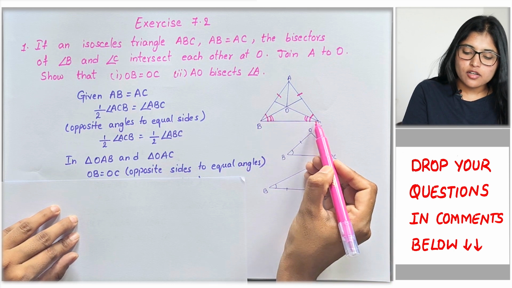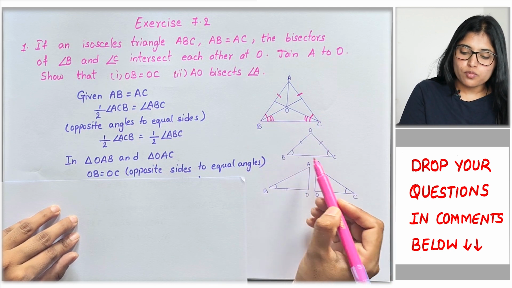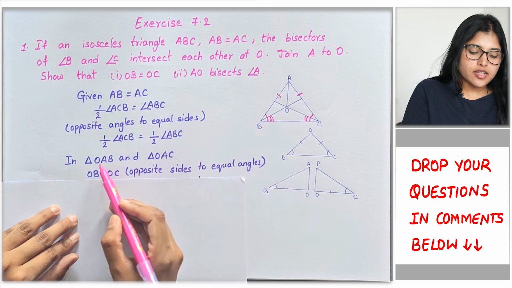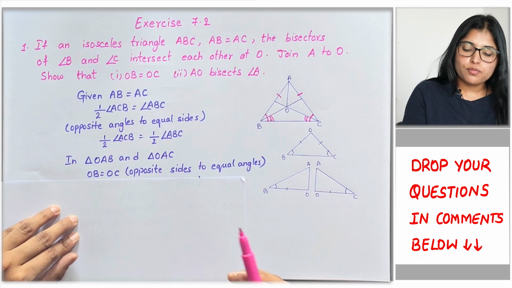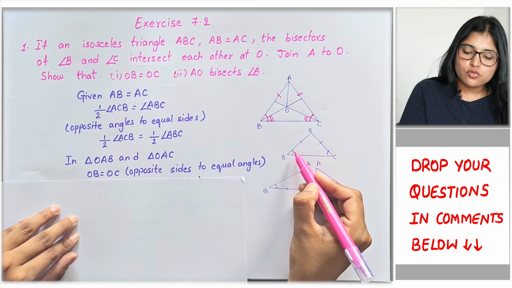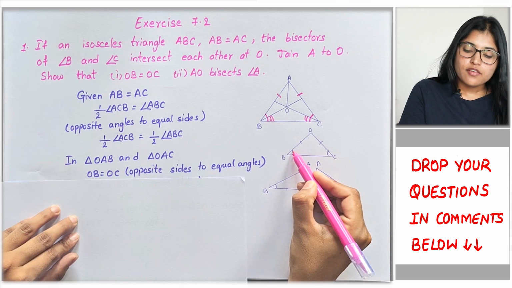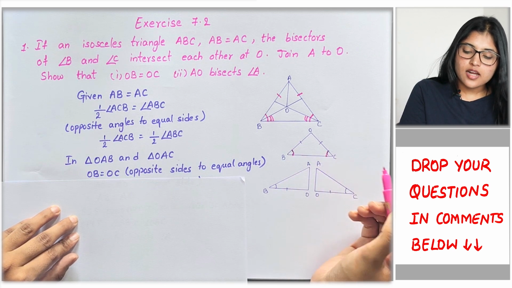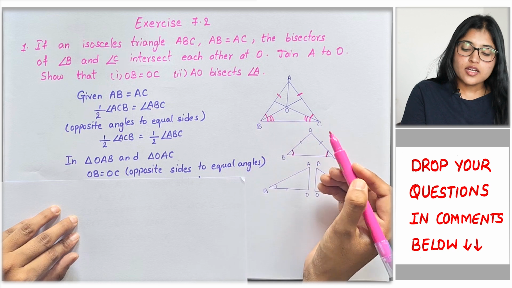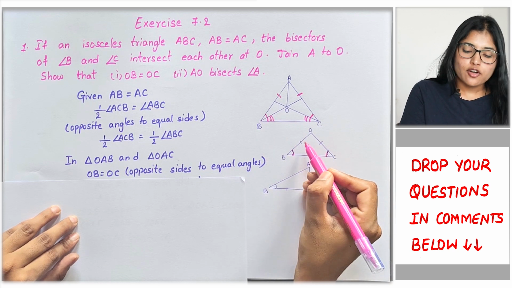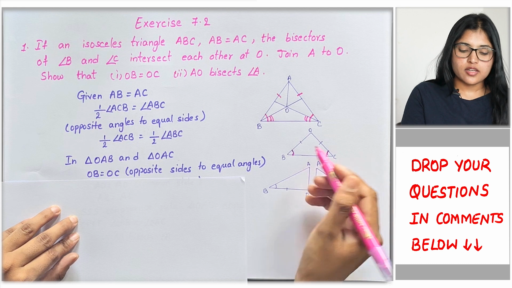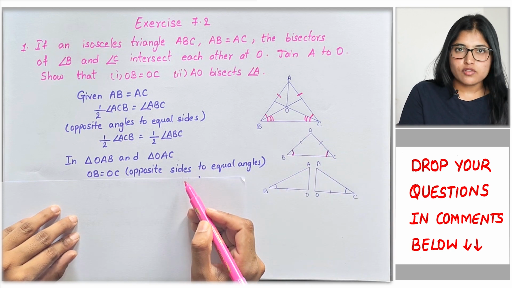The bottom triangle I have drawn here is OBC, and the top two triangles OAB and OAC I have drawn here. In order to prove OB equals OC, I can use this bottom triangle, where angle B and angle C are equal as we have just shown, and that means the opposite sides of these angles should be equal, and the opposite sides are OB and OC. Now I have proven that OB equals OC.